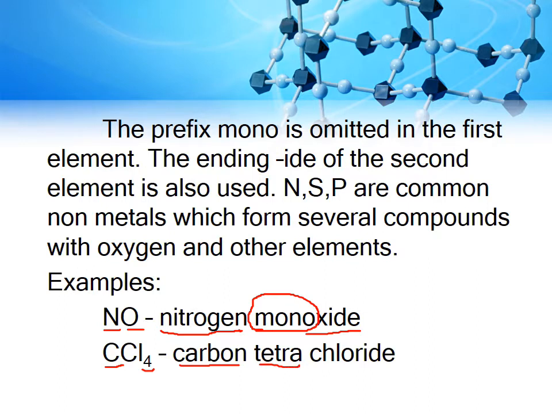Therefore, we will be using the prefix tetra followed by the name of this nonmetal Cl that ends in -ide, which is chloride. Hence, the name of this chemical compound is carbon tetrachloride.